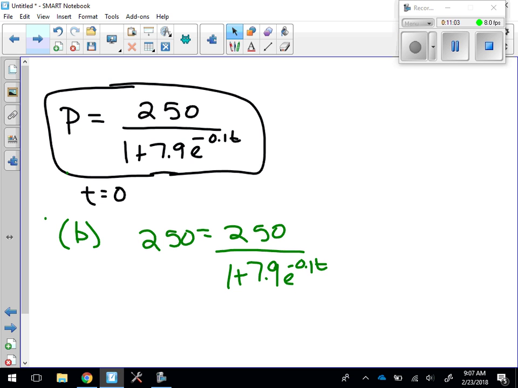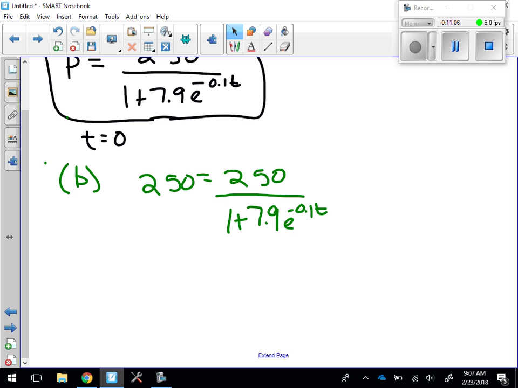Because that's what it's asking me: find the time when my population is equal to the carrying capacity. So I've substituted in 250 for P.